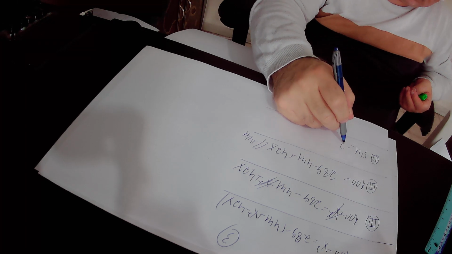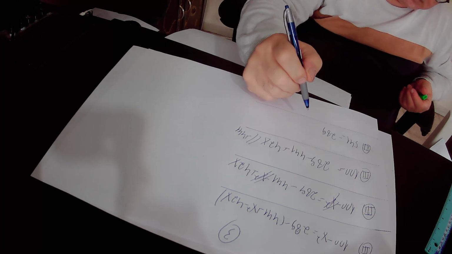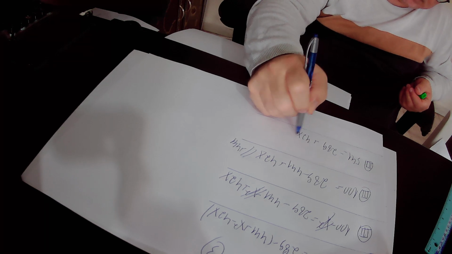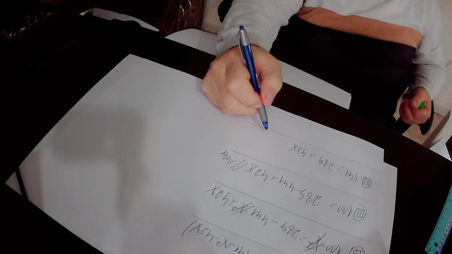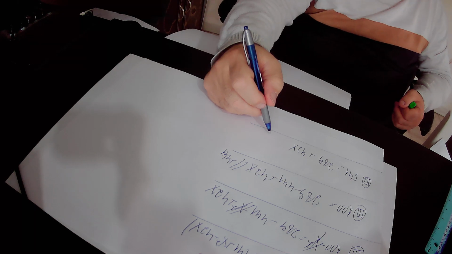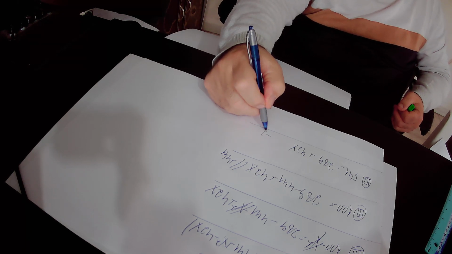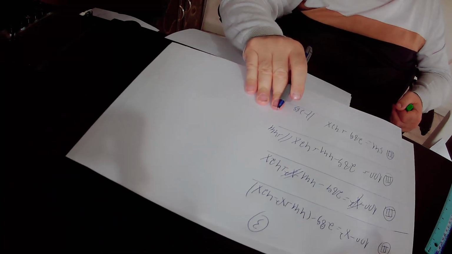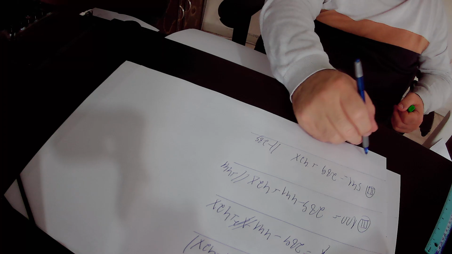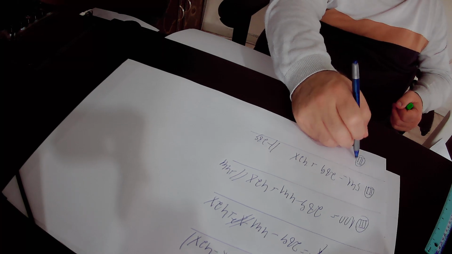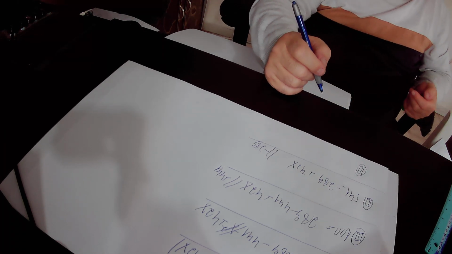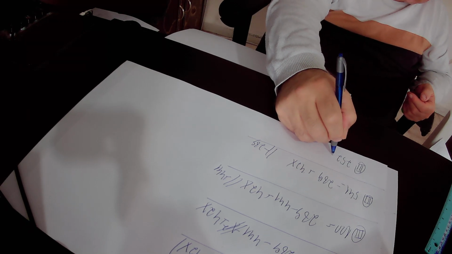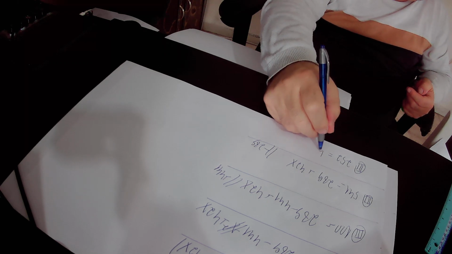It equals 289 plus 42x. So here we subtract 289 from both sides, and we get 541 minus 289 is 252, which equals 42x.